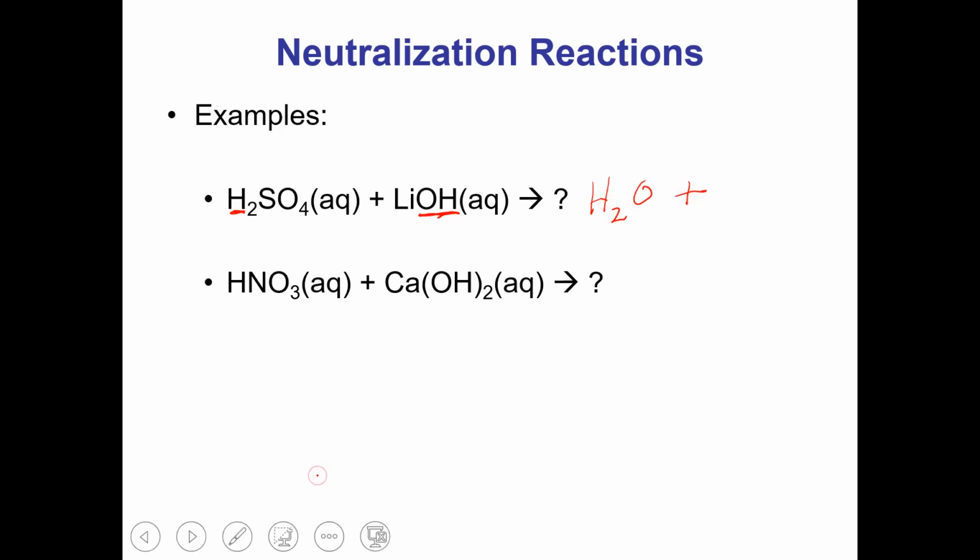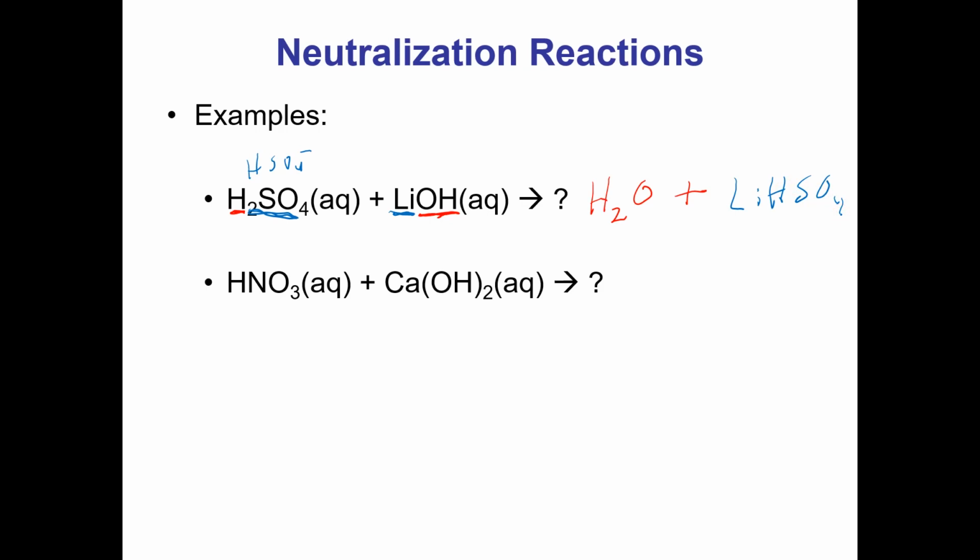And then I have to figure out what my other product should be. So I have lithium left over, and I actually have HSO4 minus left over, because I only take one hydrogen to form the water. So my salt would be lithium bisulfate.